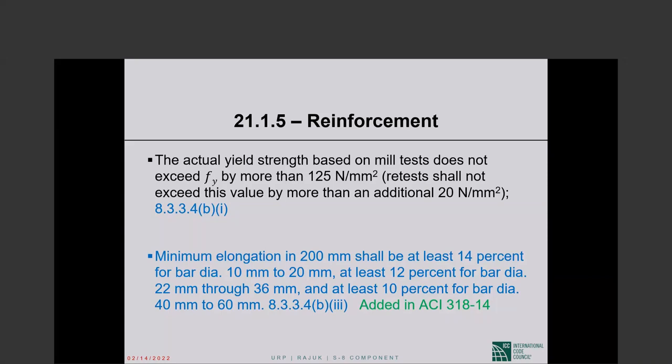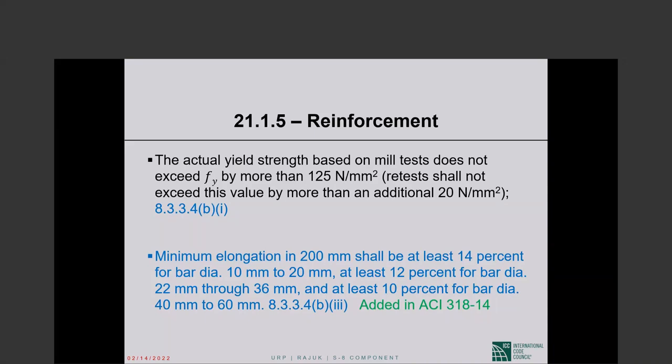The second restriction, which is part of BNBC 2020 but did not come to ACI 318 until the 2014 edition, says that the elongation of a reinforcing bar over an 8-inch gauge length, so the deformation of an ASTM A615 or BDS 6935-2 reinforcing bar over an 8-inch gauge length, shall be the same as that of the same bar that complies with ASTM A706.